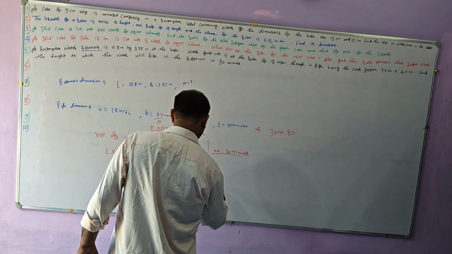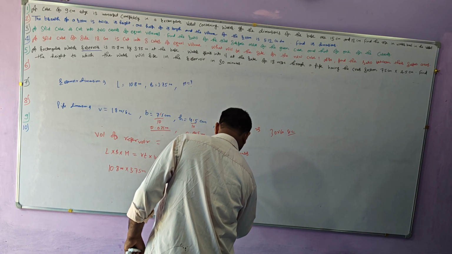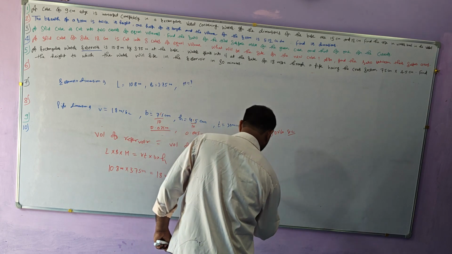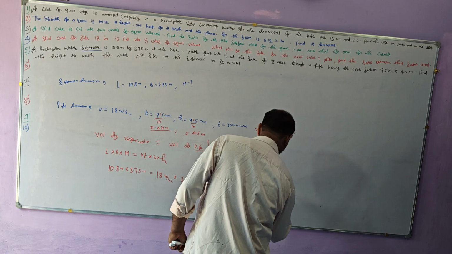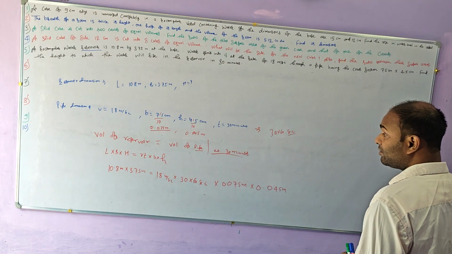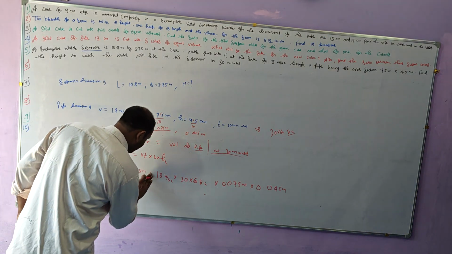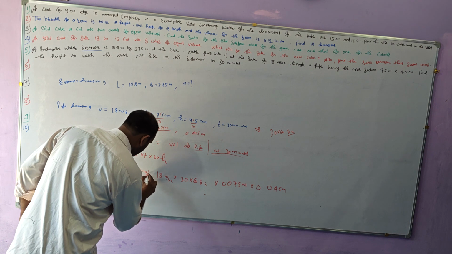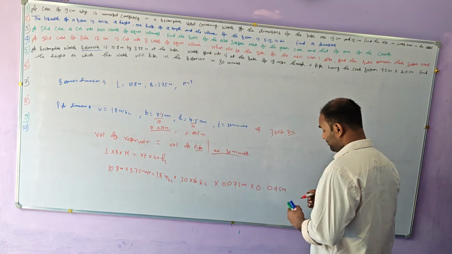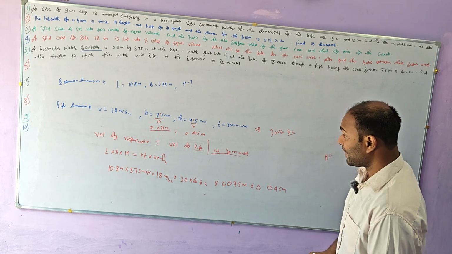So we got 0.075 meter into 0.045 meter. From this we got a result of h. So h is equal to what?